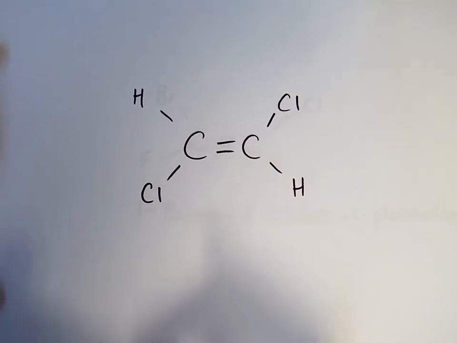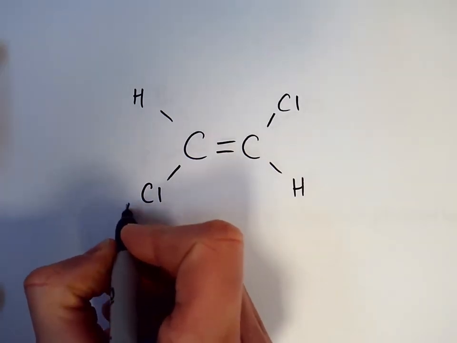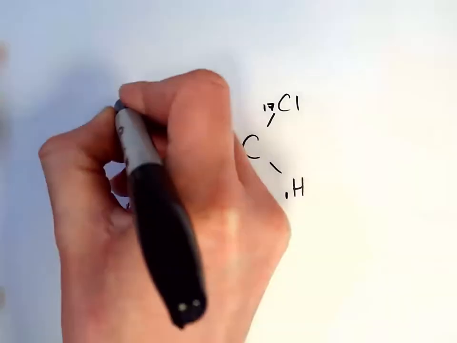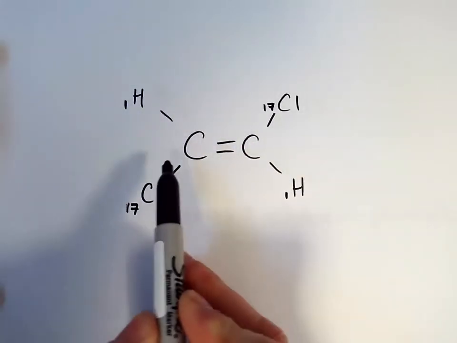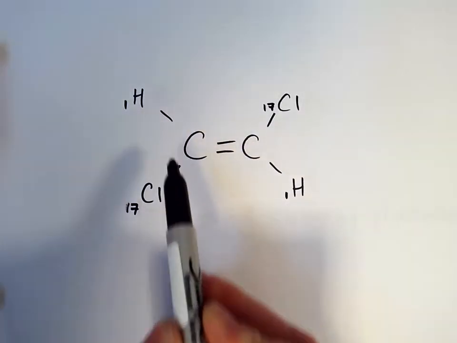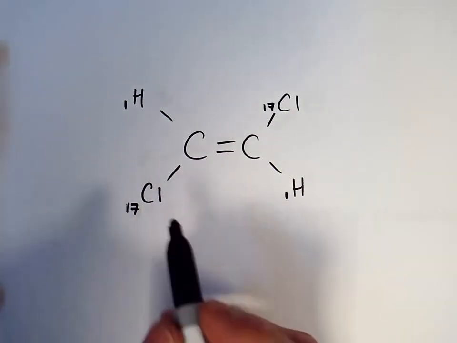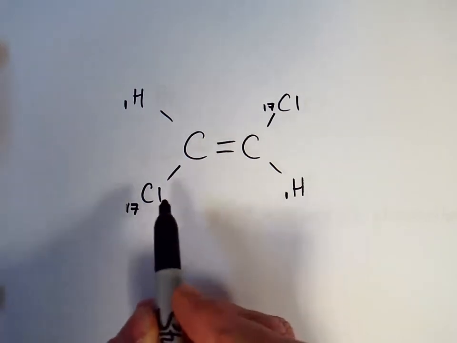EZ nomenclature uses atomic numbers of elements to denote which elements are of highest priority. So to show you what I mean by that, chlorine here has an atomic number of 17, and hydrogen has an atomic number of 1. And what we do is we look at each of the two carbons individually, separately, and we see which of the elements coming off it has the highest priority, and the ones with the largest atomic number gain the highest priority.